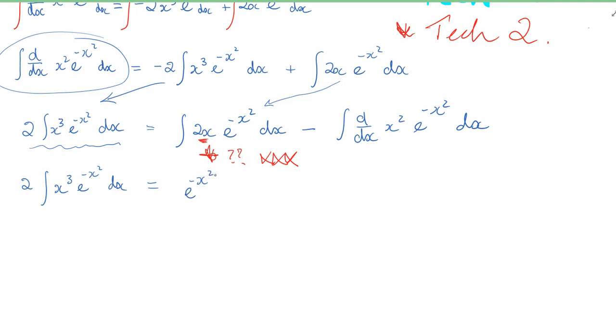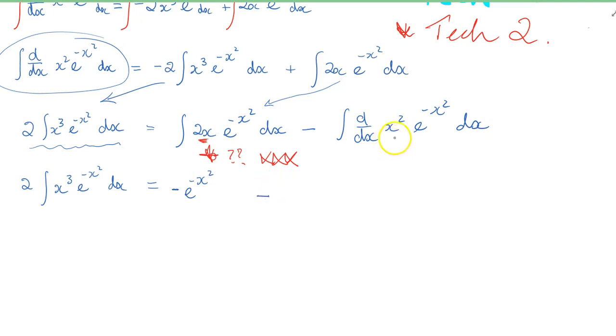But remember, because differentiate that, you get e to the minus x squared times negative 2x. There was no negative, so I have to put a negative in. So now I've been able to take this and totally transform it into minus e to the minus x squared.